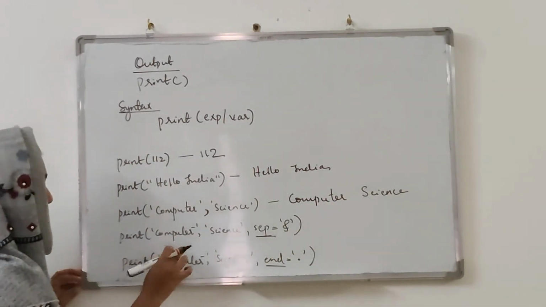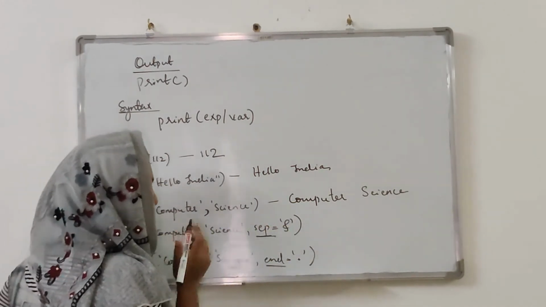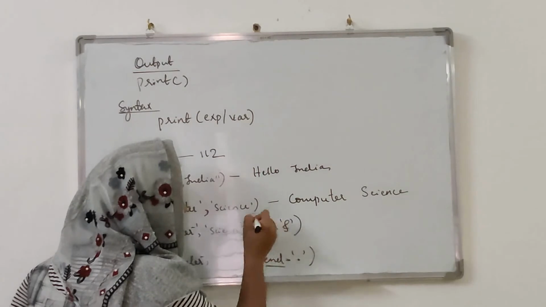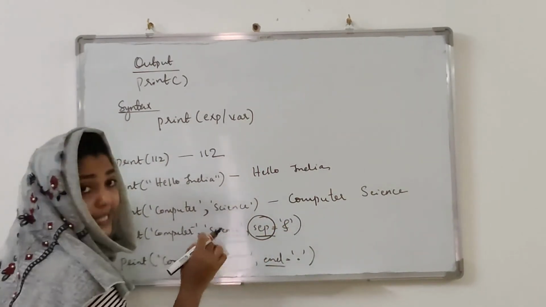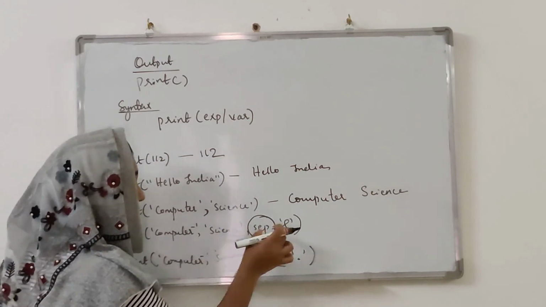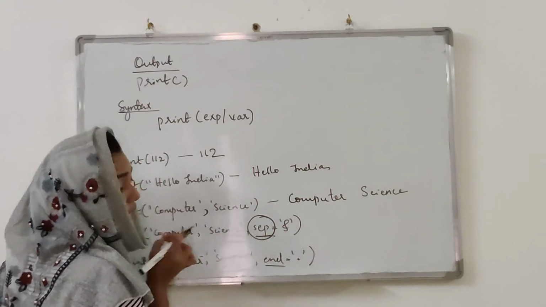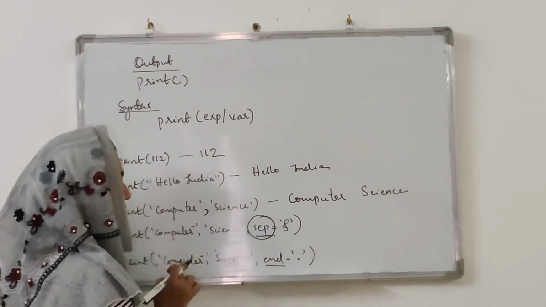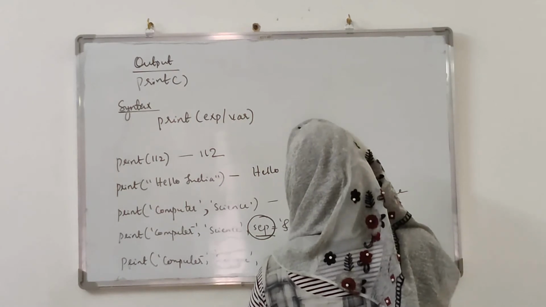And another form is print computer science sep is equal to ampersand. So sep means separation. Between these words, whichever symbol we need can be given inside quotes. That is called the sep. So what will be the output of this statement?